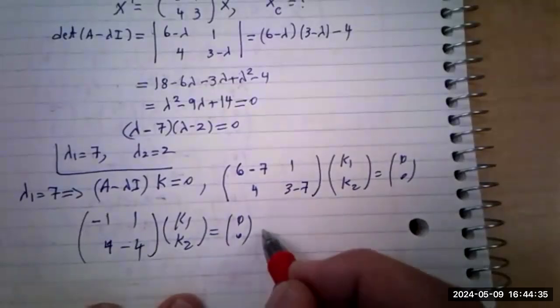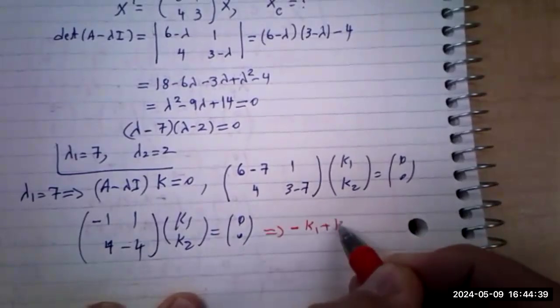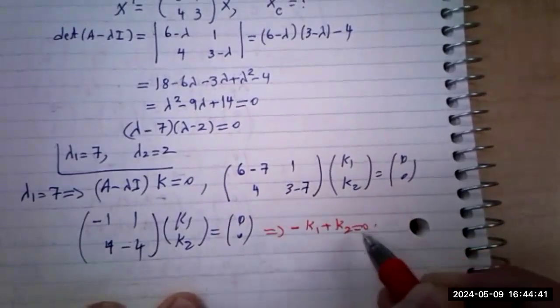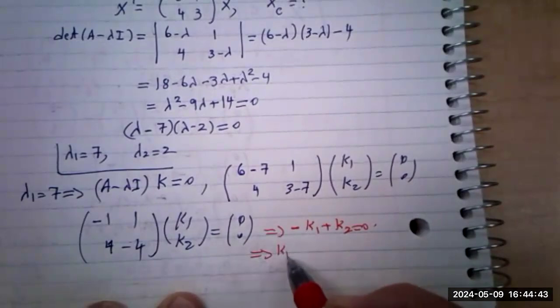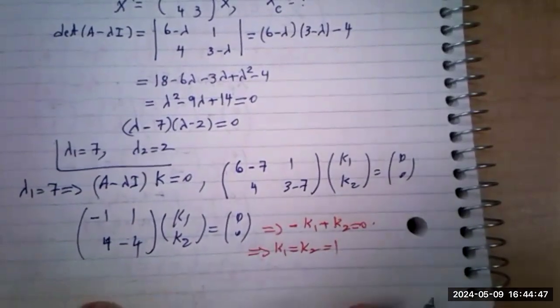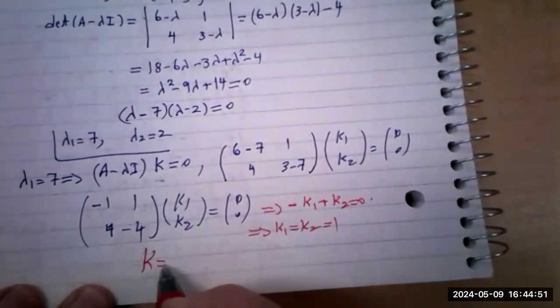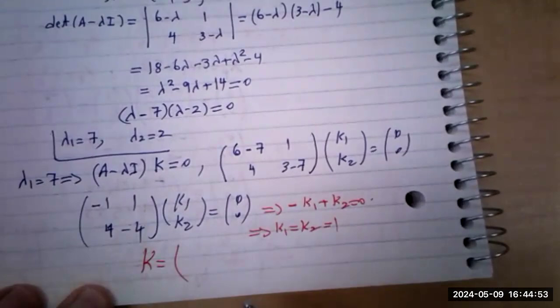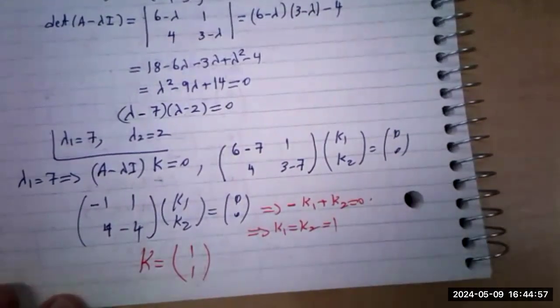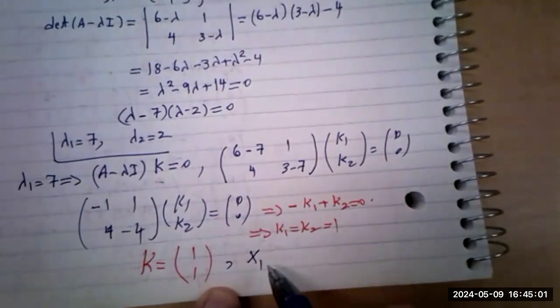So just take the first row, which is negative K1 plus K2 equal to 0. The conclusion is that K1 is equal to K2. So consider both of them to be 1. So K is 1, 1, and then you have X1.